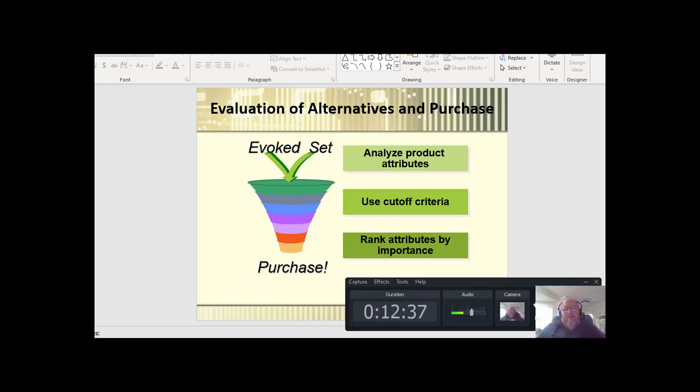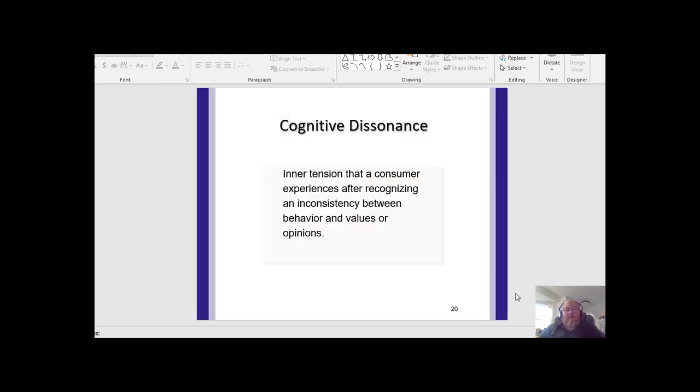And of course, when all is said and done, we have what we call cognitive dissonance. It's our experience in that purchase. Was our purchase good, bad, indifferent? Was it worth it or not? What do we do with that experience?